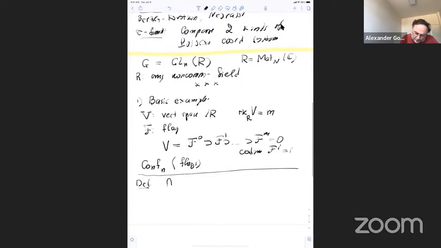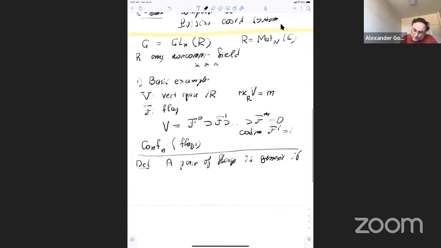Let's say that a pair of flags, let's call this pair of flags A and B, is generic if the following condition is true.